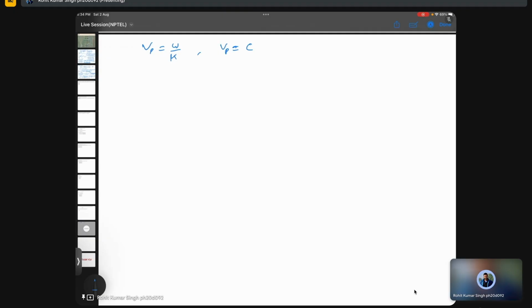When you have a medium, you have to divide it by the refractive index of that medium, and this refractive index depends on the frequency of the light. So it is not constant.